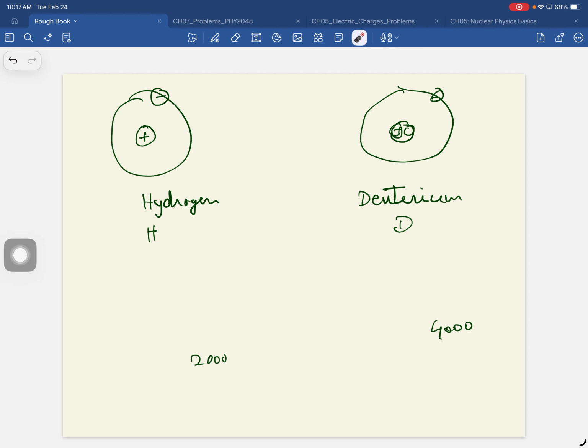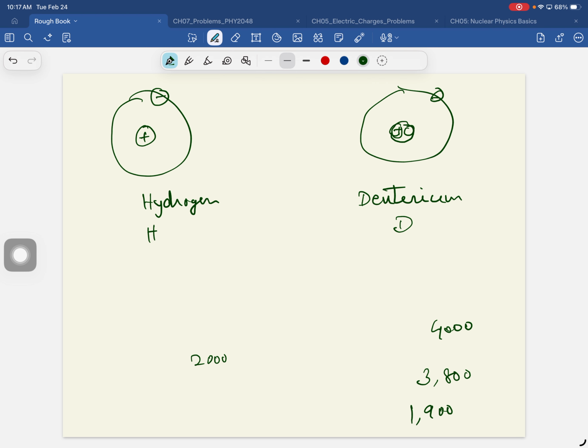Let's say he weighs, I'm just making up numbers, 3,800 units. So now each proton and neutron is weighing about 1,900 units. Did you guys understand that?